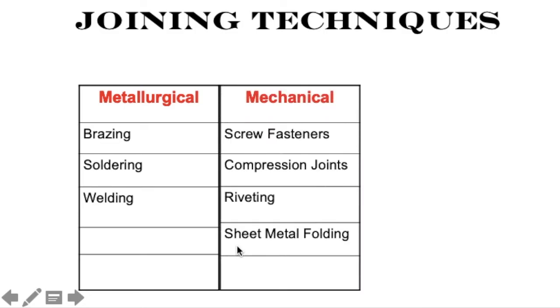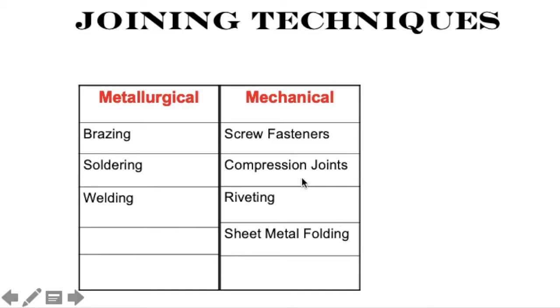There are also mechanical joining techniques. These are usually used for both metals and wood, and unlike these ones, which are sometimes referred to as hot joining techniques, these are cold joining techniques. This includes these ones that are listed here and many more.